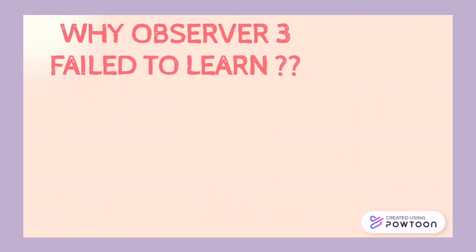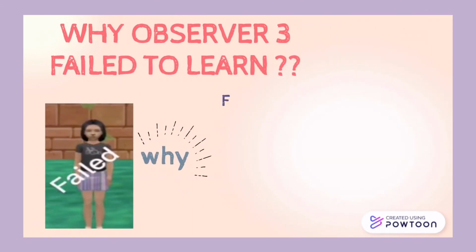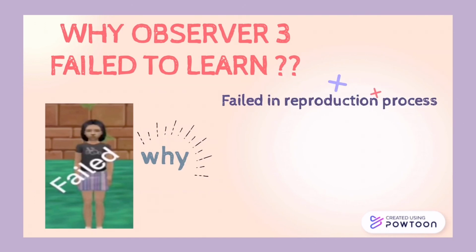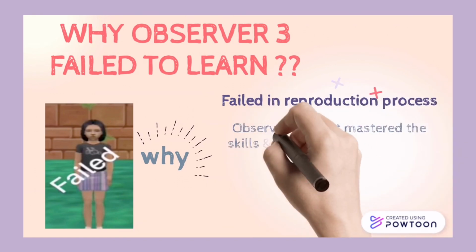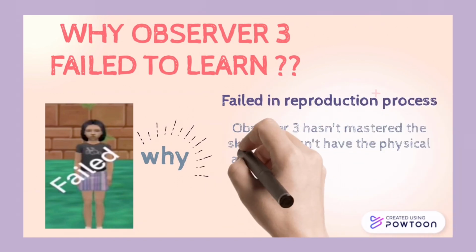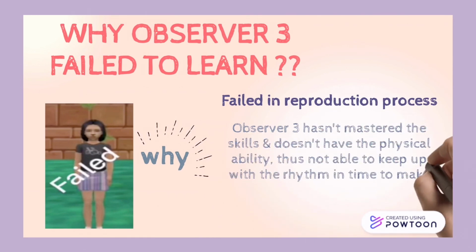The next one is about the reason for observer 3. Observer 3 hasn't mastered the skills and doesn't have the physical abilities, thus is not able to keep up with the rhythm in time to make corresponding actions.